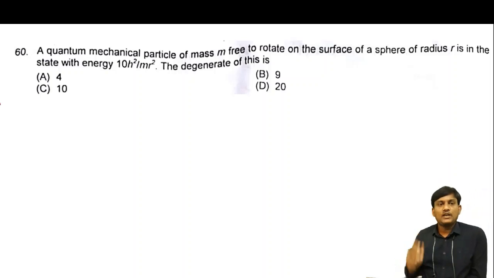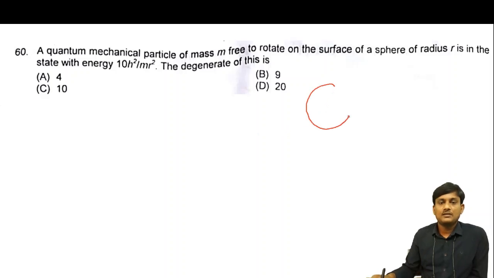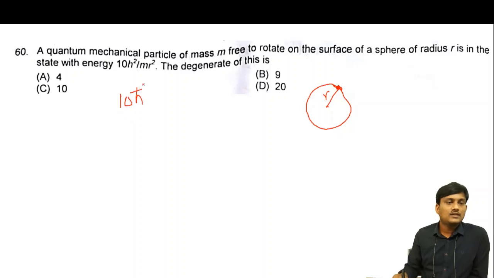A quantum mechanical particle of mass m free to rotate on the surface of a sphere of radius r is in the state with energy 10 h cross square by m r square. This is the energy which is given.